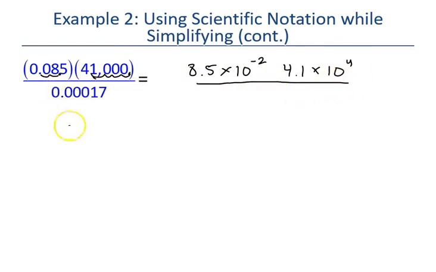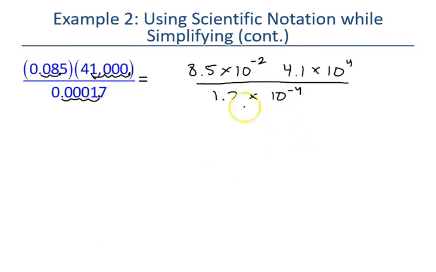Let's keep it going. Here I'm going to move my decimal 1, 2, 3, 4 to where it's right in between there. So I have 1.7 times 10, and how many places do we move it? 1, 2, 3, 4, to the negative 4.